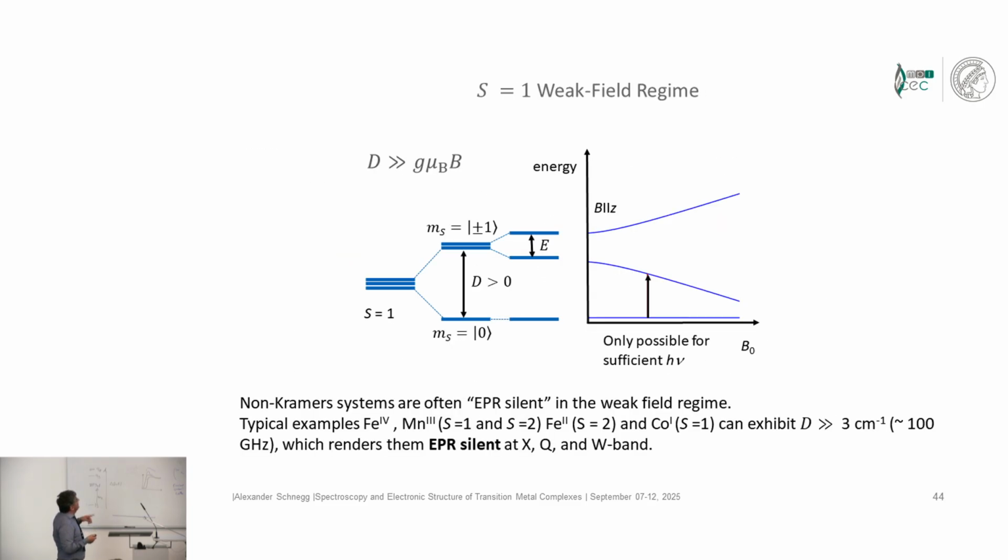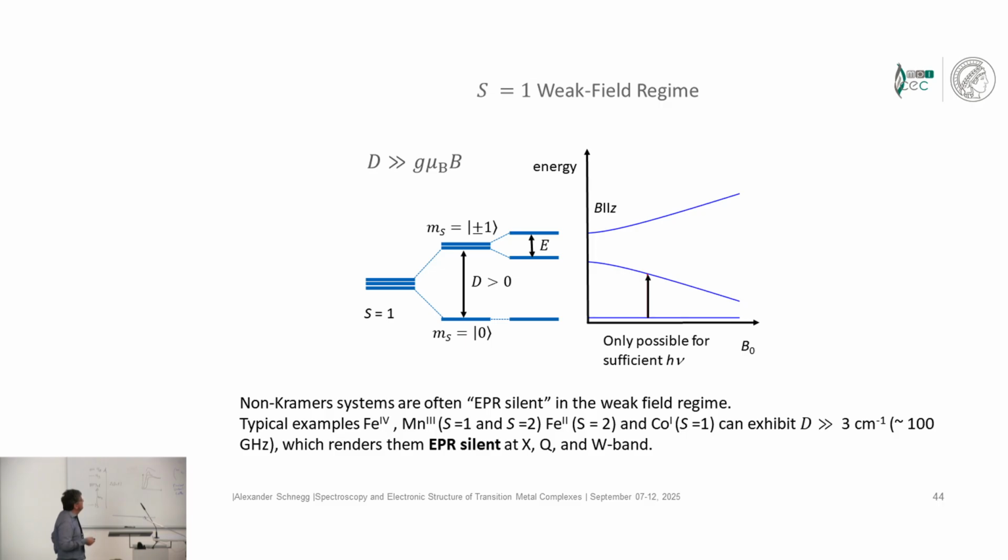However, if we now switch to the weak field regime, we enter this case which I have already mentioned, namely that the energy which we apply in the spectrometer may not be sufficient to drive transitions between the MS levels, which are here bent as a function of the external magnetic field. And these are cases which are pretty important in many cases, like manganese 3, iron 3 is such an example.